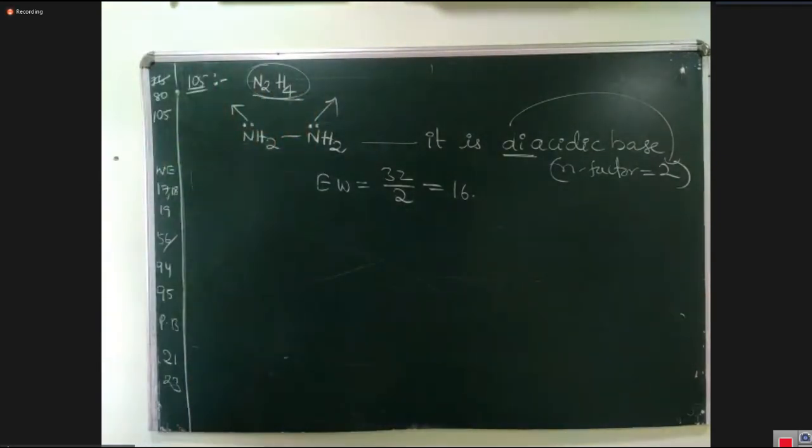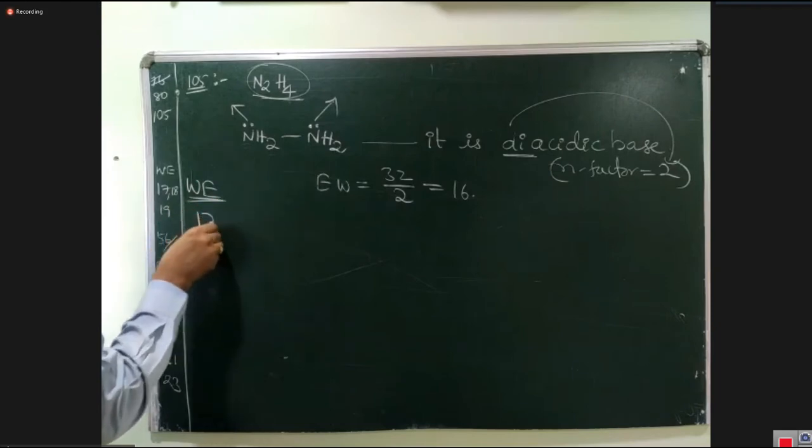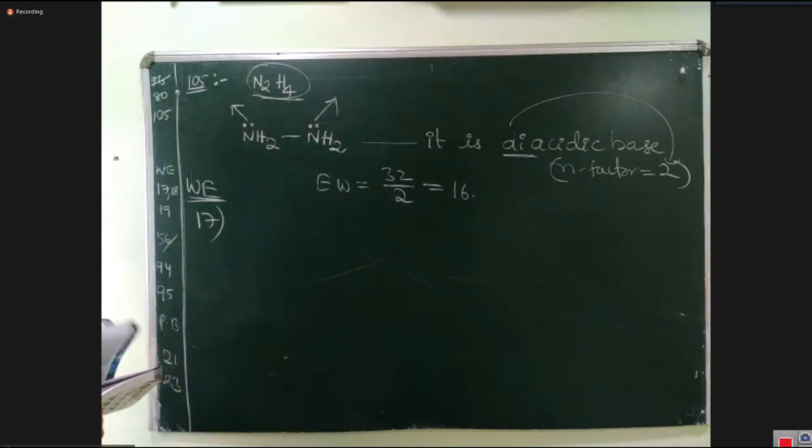Okay. So now worked out example 17. 14.5 grams of metallic chloride contains 35.5 grams of chlorine.